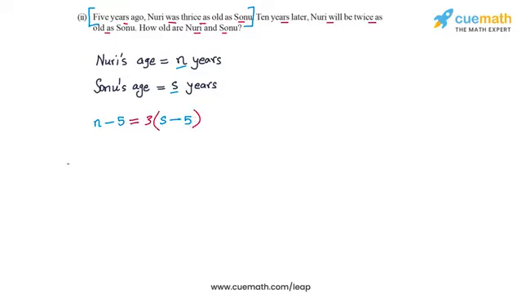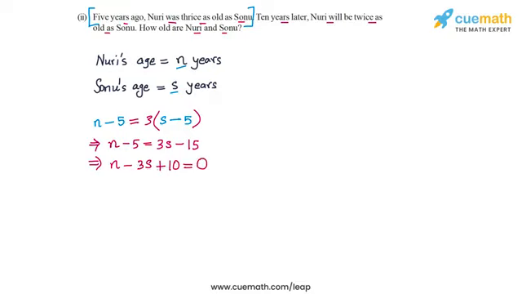So this gives us our first equation in n and s. Let's expand and write this in the standard form. So we have n minus 5 is equal to 3s minus 15, or n minus 3s plus 10 is equal to 0. So this is the first equation in n and s.